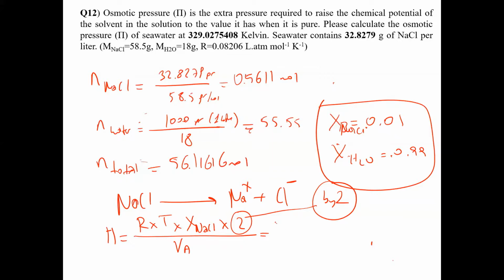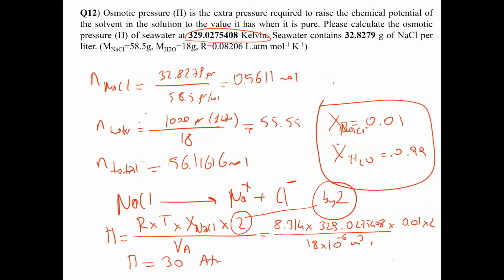Here, 8.314 times, it is room temperature, 329.2758 Kelvin, and the VA is 18 times 10 to the minus 6 cubic meter, times 0.01 times 2, and pi is equal to about 30 atm.